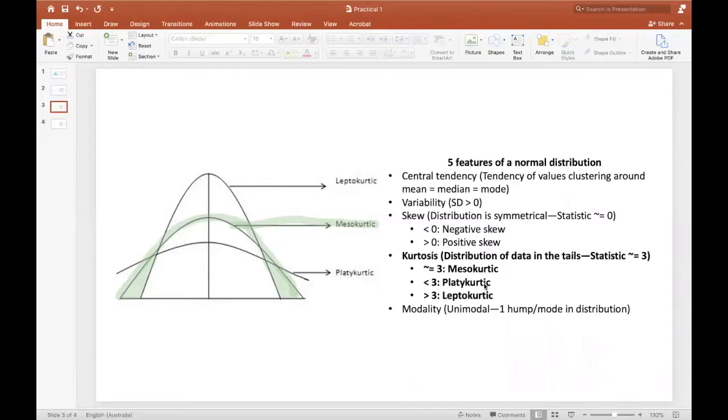Okay. Platykurtic is represented by values less than 3 in Stata, and this means you have quite a bit more data in the tails here. So you can see that you have a lot more data in these tails compared to a mesokurtic distribution.